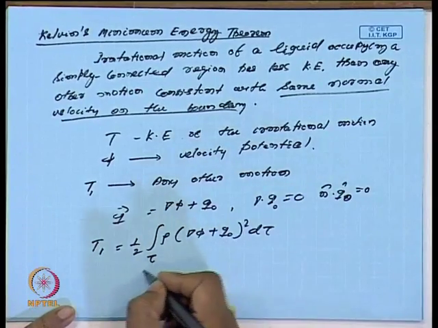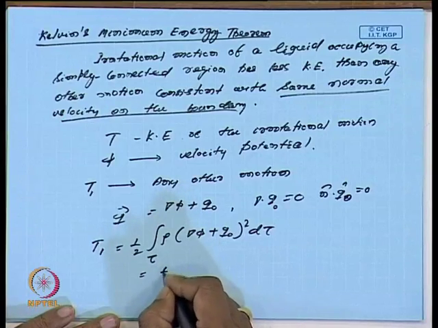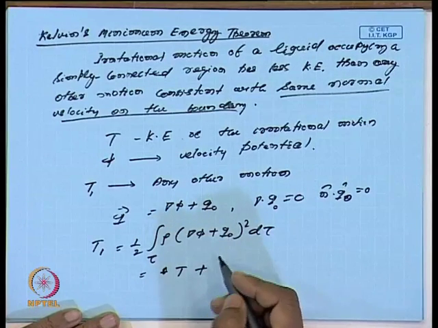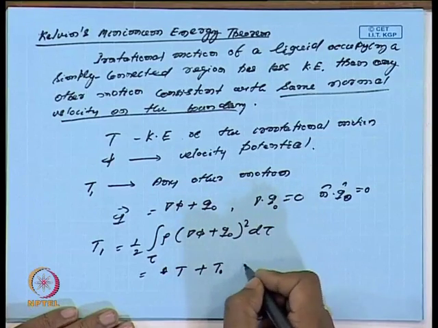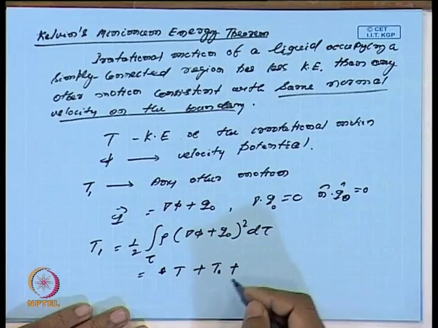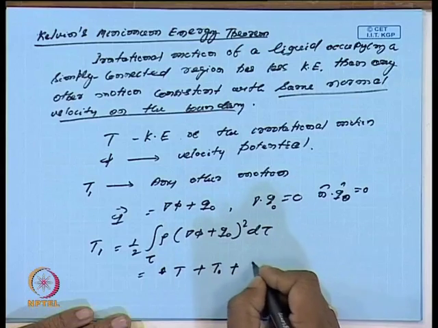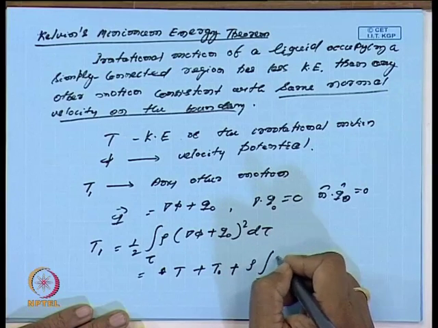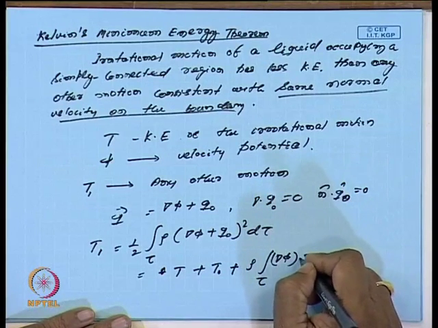If I expand this, I get the kinetic energy associated with the velocity potential phi, that is T, plus the kinetic energy associated with the velocity q naught, that is T naught, plus rho integral over tau grad phi dot q naught times q bar d tau.